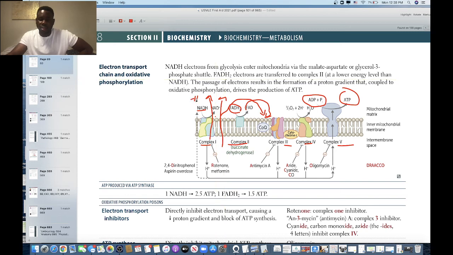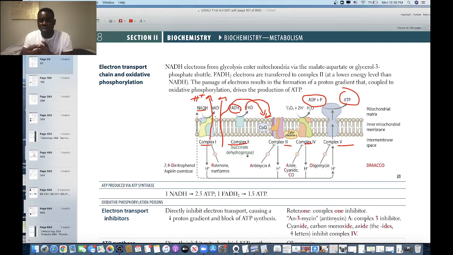This one will also do the same thing. But when we have excess H plus here, this will become positively charged relative to the inside of the mitochondria. And that electrochemical gradient, or the potential difference, generates a certain force called the electromotive force.